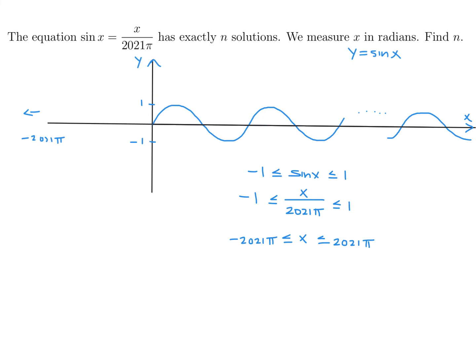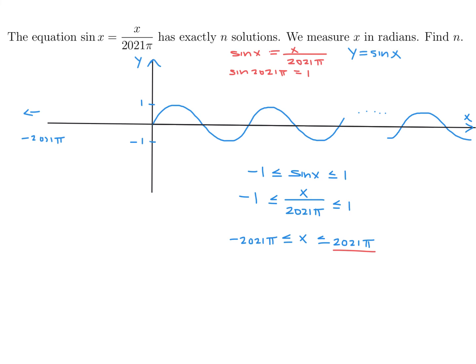Since it's the maximum, we can actually put it into this formula. Sine of x is equal to x over 2021 pi. When x is 2021 pi, you'll get sine of 2021 pi is equal to just 1. So when x is 2021 pi, we'll get something like this.